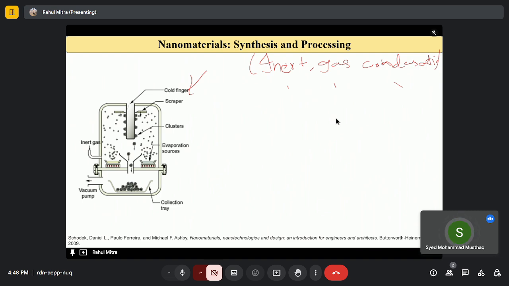But when I compare it to liquid, there is not much difference, maybe a change of about 1 order. So I have explained the 3 terms of inert gas condensation. Now, what is happening? I have my heating source here. This is my heating source.